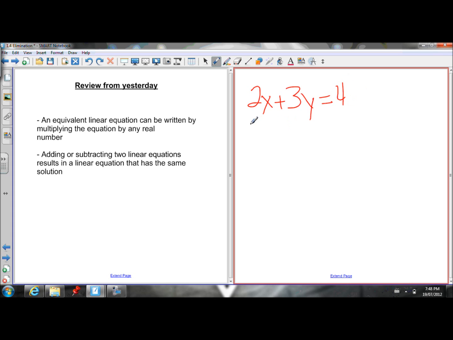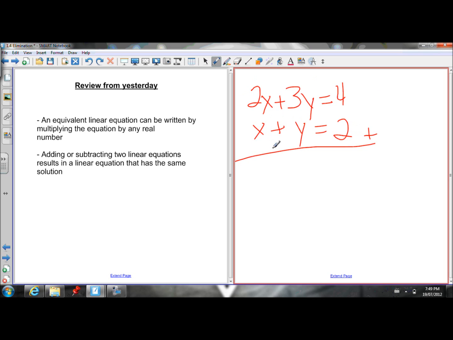There's one line. And I had x plus y equals 2. There's another line. If I add or subtract those two lines, it'll give me a new line that has the exact same solution. It'll go through the exact same point of intersection as these two lines.